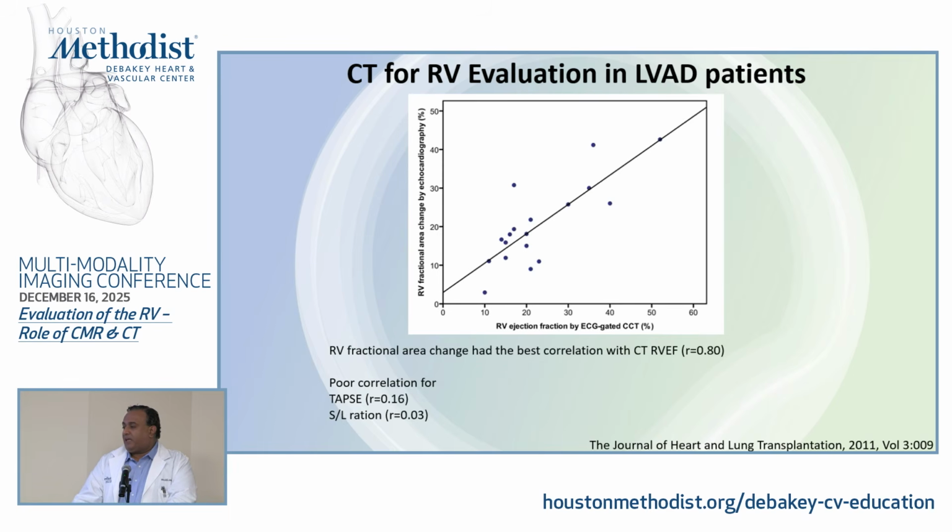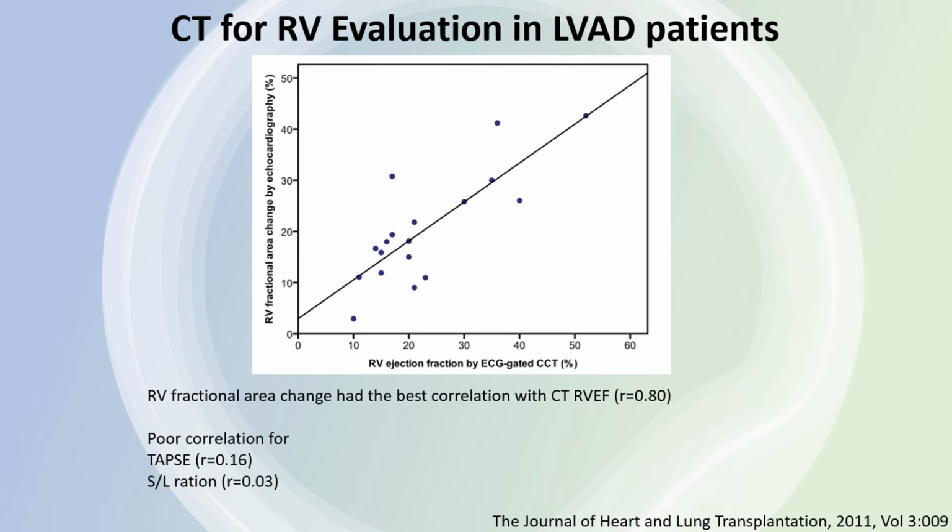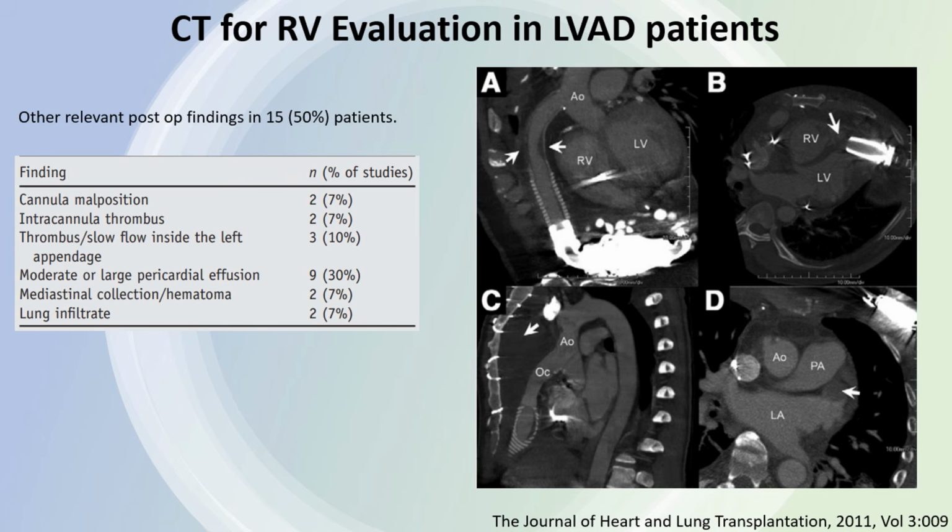When they tried to look at the correlation of different echo parameters with CT in these patients with LVAD, they found that RV fractional area change on echo had the best correlation with CT-derived RV ejection fraction, and TAPSE and the short axis to long axis ratio, something else they looked at, had poor correlation.